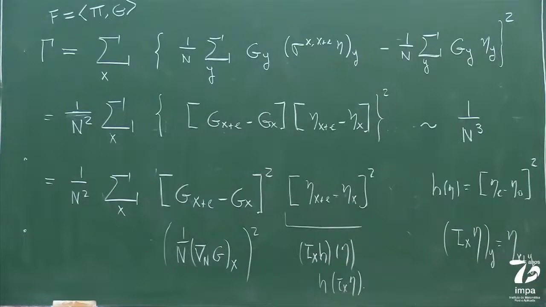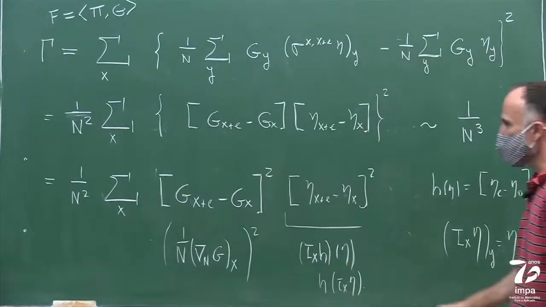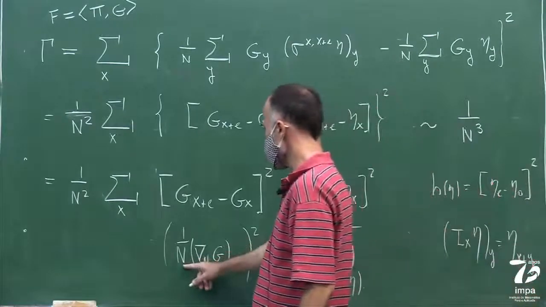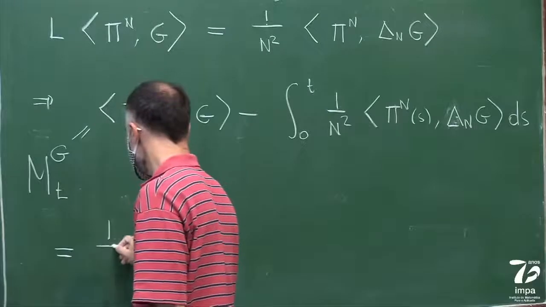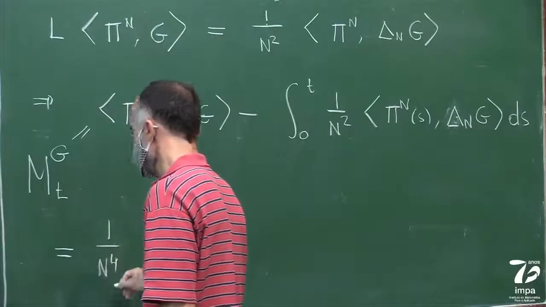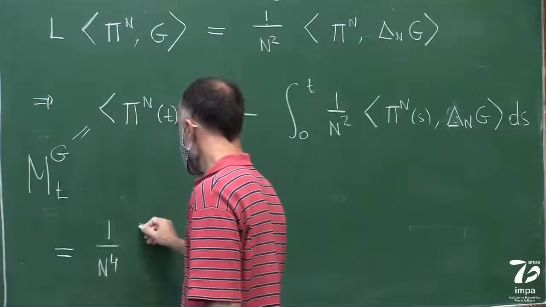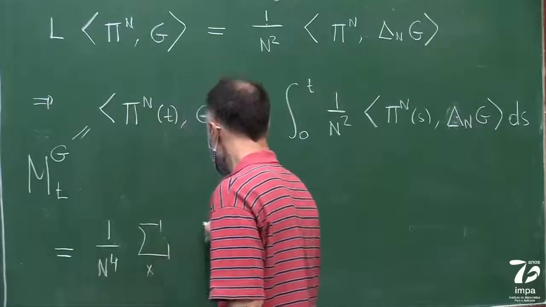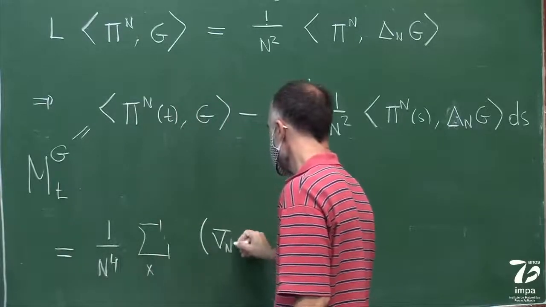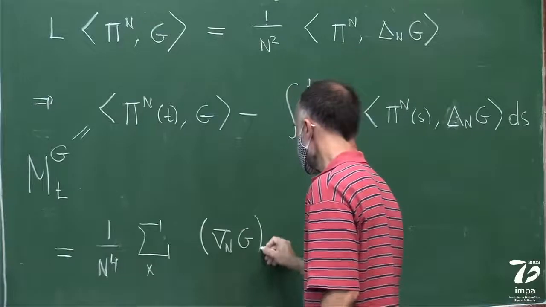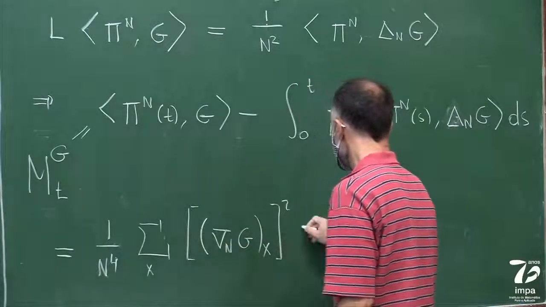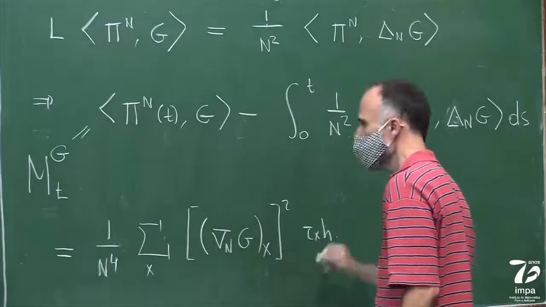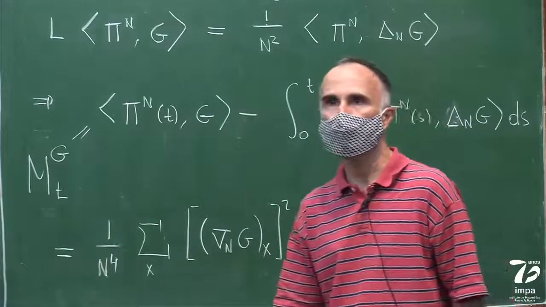After all these simplifications, there is a 1 over n which gets out with the square, so I get 1 over n fourth, then the summation in x of the discrete gradient of g computed at x squared, and then the translation of this function h. So this is gamma.